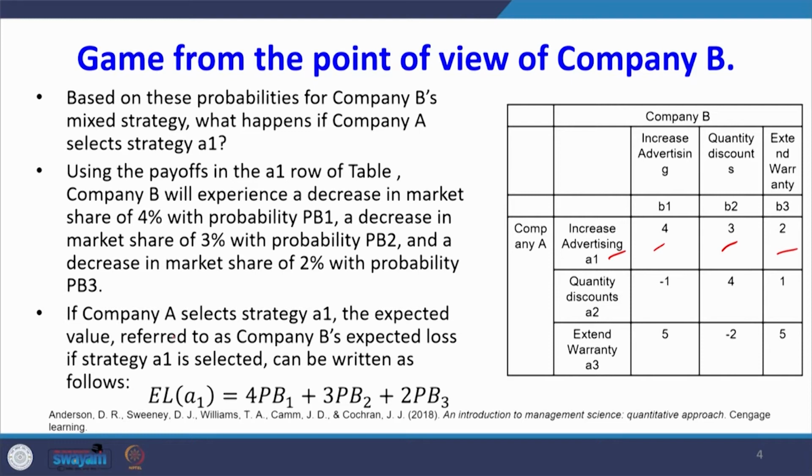So, if company A selects strategy A1, the expected value, referred to as company B's expected loss, can be written as: expected loss when A1 is selected equals 4 PB1 plus 3 PB2 plus 2 PB3.